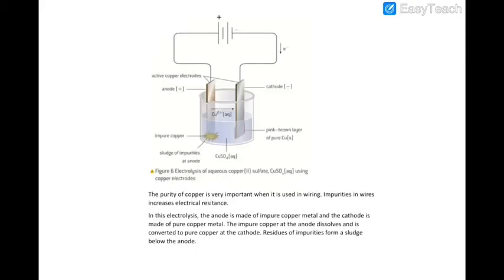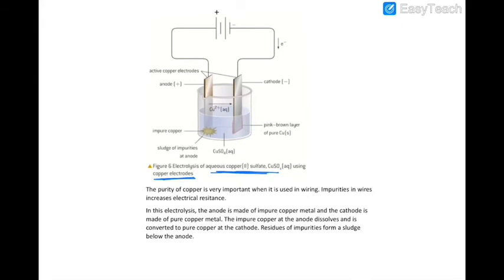So here you have the setup for electrolysis of aqueous copper sulfate using copper electrodes. Here you'll see that for the impure copper, any impurities from the anode are going to be deposited as a sludge of impurities, and then you have the reddish brown or pink brown deposit of pure copper.